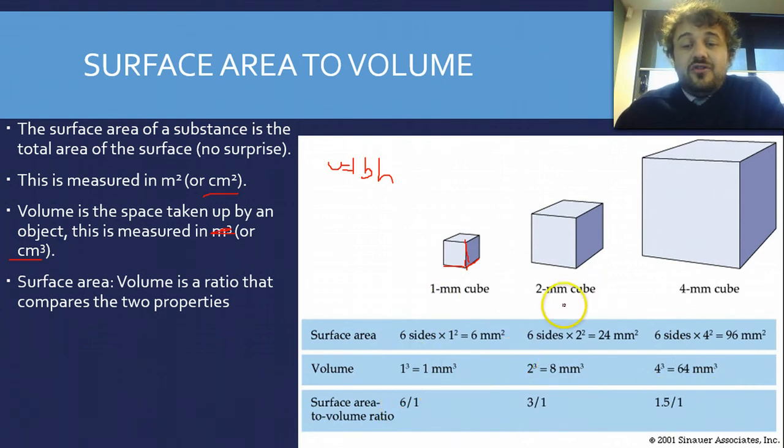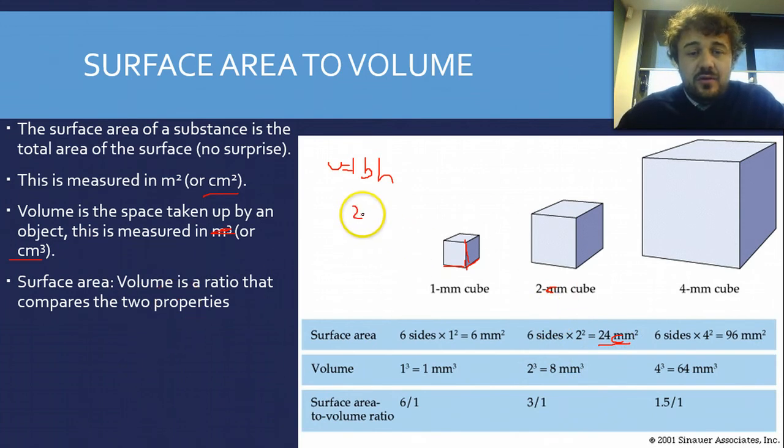Now, the 2 centimeter cube. The area of one face is 2 squared, 4 centimeters squared. So if we multiply by 6, that gives us an area of 24 centimeters squared. The volume is 2 times 2 times 2.